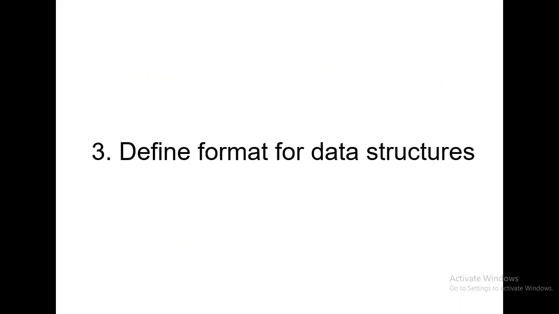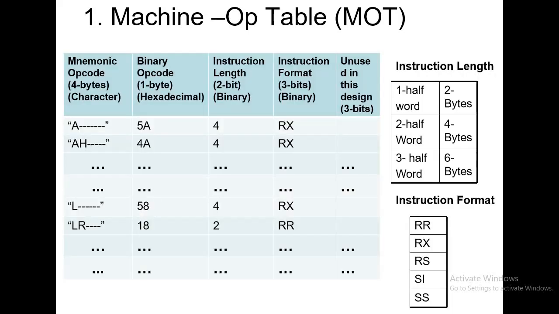Now see the format of all data structures. First is the MOT, that is the machine operation table. First you have to identify the mnemonic. Mnemonics means imperative statements which the processor has to process, such as the instructions add, store; all these come under mnemonic opcodes.